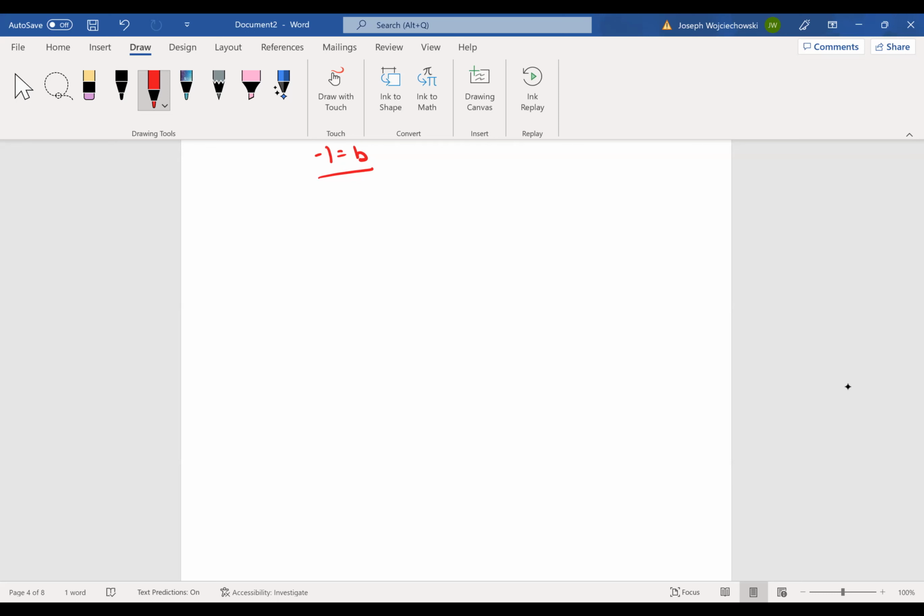Looking at something like this, this would be x1, f of x1, and we'll call this x2, f of x2. Okay, that's our 2 points.